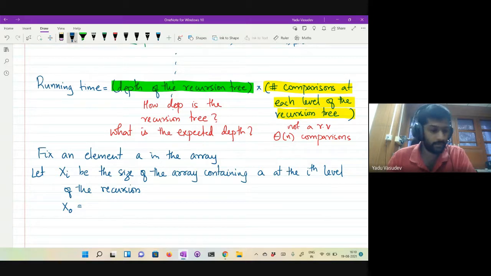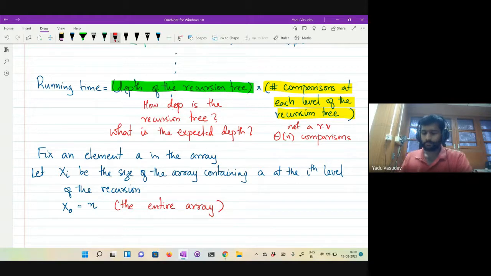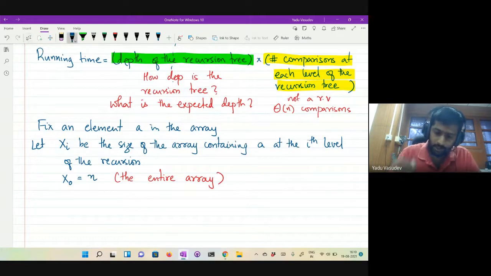At the 0th level of recursion, x0 is equal to n, right? The entire array. At the first level you're looking at the entire array, so x0 is n, and so on. So we want to look at xi.